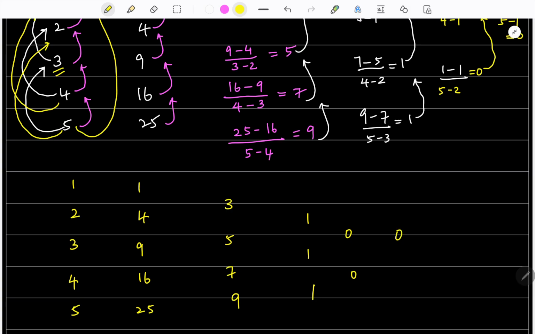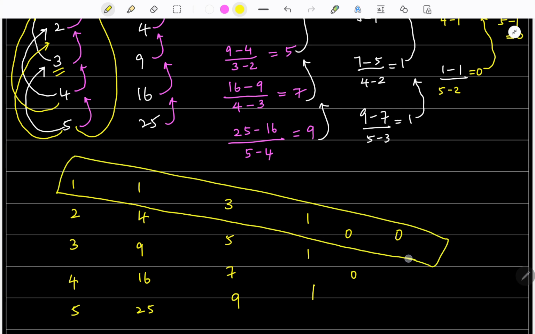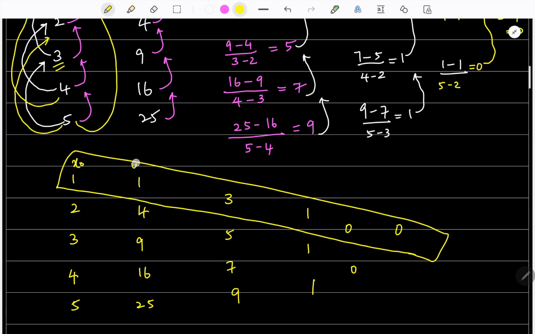A 0. You are going to take only the first diagonal thing, not diagonal, the slanting one. So these values, you're going to take for your formula. This is your x0 and this is your y0 and this is your del y0. This is del square y0 and this is del cube y0 and this is del power 4 y0.